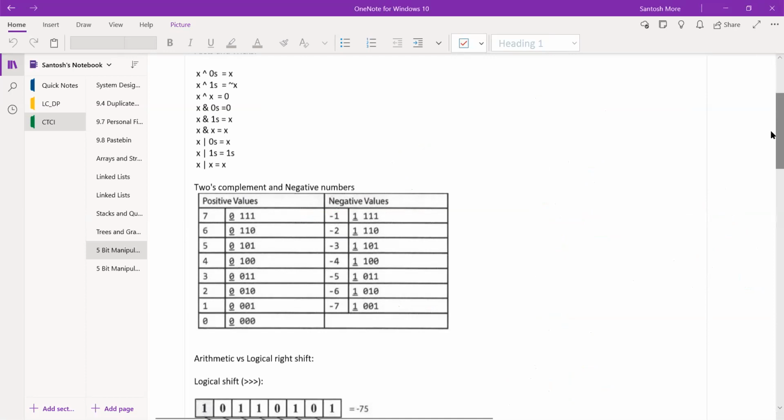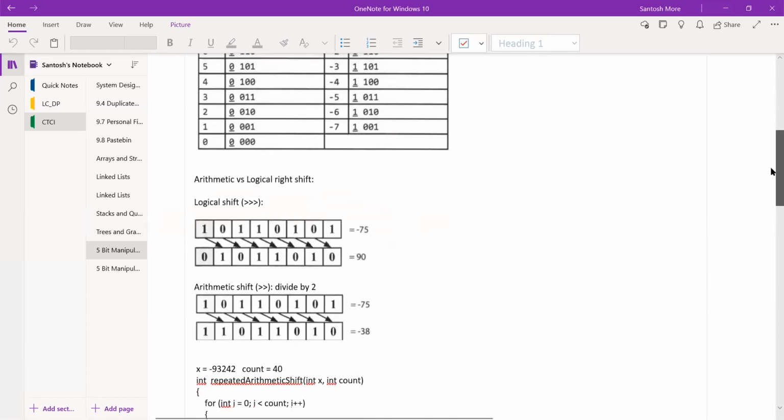Now they have described the arithmetic versus logical right shifts. The logical shift is represented like this, though in most language implementations they don't show this representation. And then we have an arithmetic shift. There is a slight difference between a logical shift and an arithmetic shift.